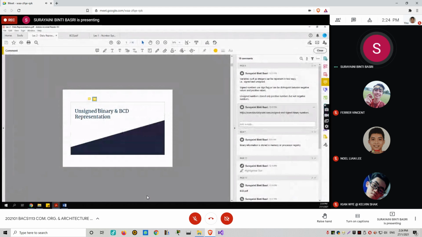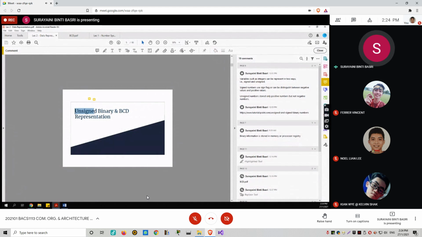Okay, so enough with the introduction of what is signed and unsigned binary. Remember, unsigned only has positive values, but signed has two representations, positive and negative.